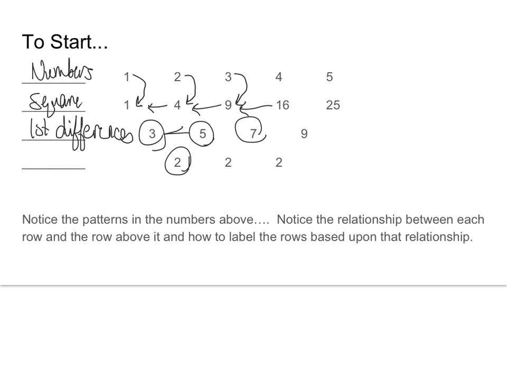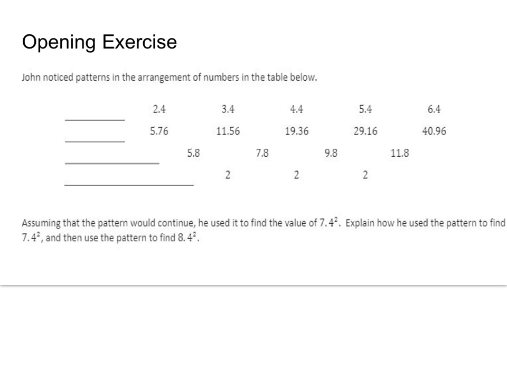Now, 5 minus 3 is 2, 7 minus 5 is 2, 9 minus 7 is 2. Since I subtracted a second time, these are called my second differences. So we notice the patterns in the numbers above. We notice the relationship between each row and the row above it and how to label the rows based upon the relationship. We can do the same thing with a little bit more difficult numbers.